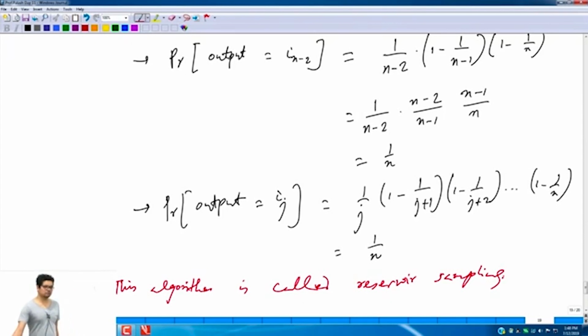And this algorithm is formally called reservoir sampling. Its name is like a reservoir where you are storing items and you keep replacing. Any question regarding the functioning of the algorithm or the analysis of the algorithm?